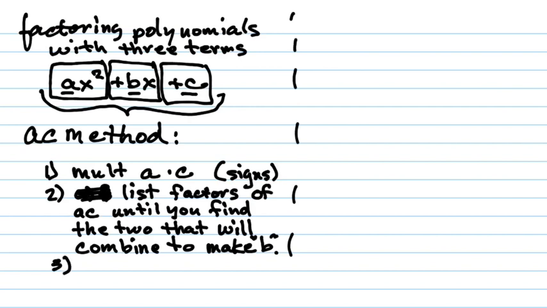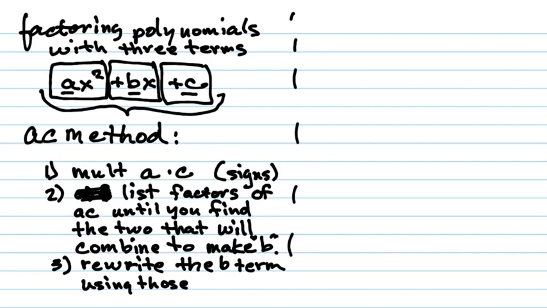Third, you're simply going to rewrite the B term using those two factors. Right? So instead of 7, I might have now 3 and 4. Right?